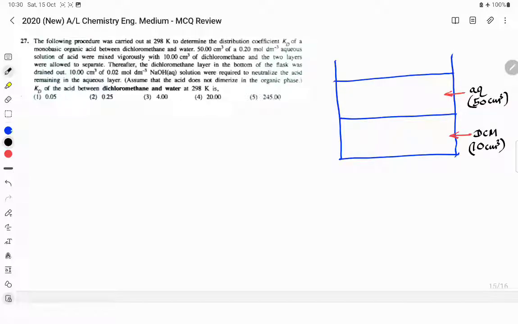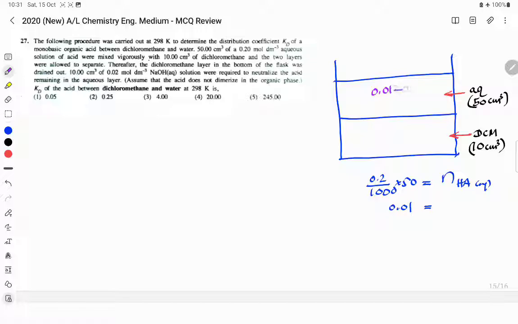Now they have used 0.2 M, 50 cm³. So this will be the amount of HA in the aqueous solution. That will be 0.01 moles.